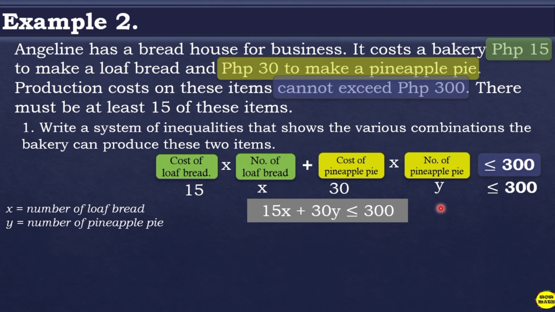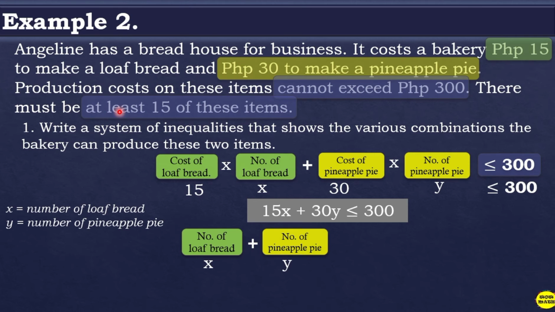And then, let's proceed to the second inequality. Meron pa tayong given dito. There must be at least 15 of these items. So, yung bilang daw nung dalawang items mo, dapat at least 15. So, this is the number of loaf bread plus the number of pineapple pie, which is Y. At least, ang symbol mo dyan, kung titingnan mo yung mga keywords natin, ibig sabihin greater than or equal to 15.